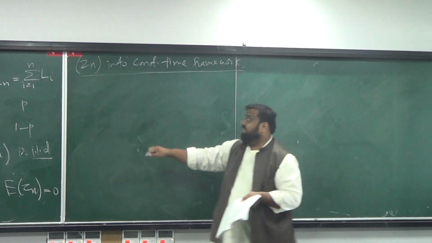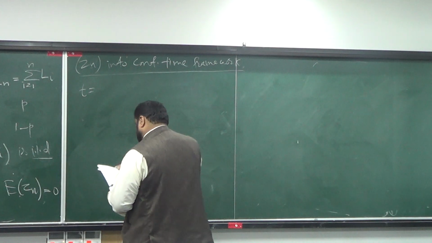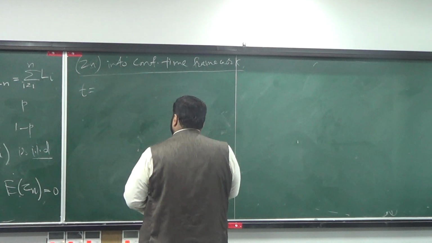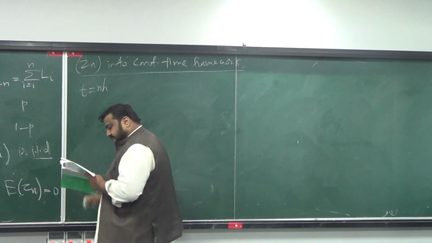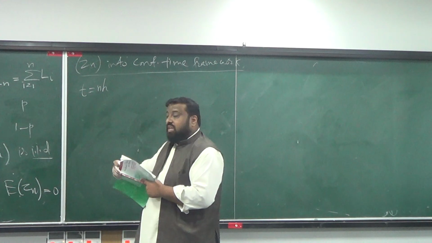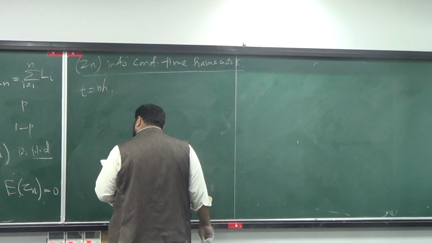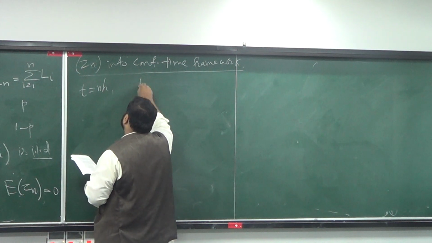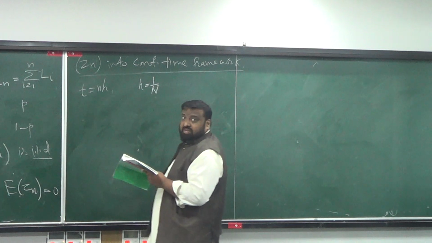Now let us introduce the notation t, where t is basically a multiple of h. For the sake of simplicity, let's take h to be 1 over n.